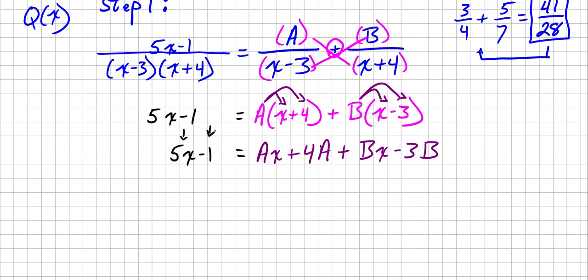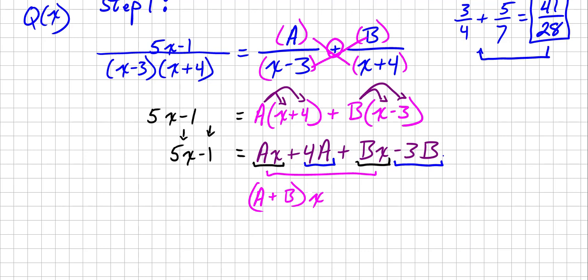So I want to add my like terms, which gives me Ax + Bx, and I factor the x out and end up with (A + B) times x. Then we add the constants together.